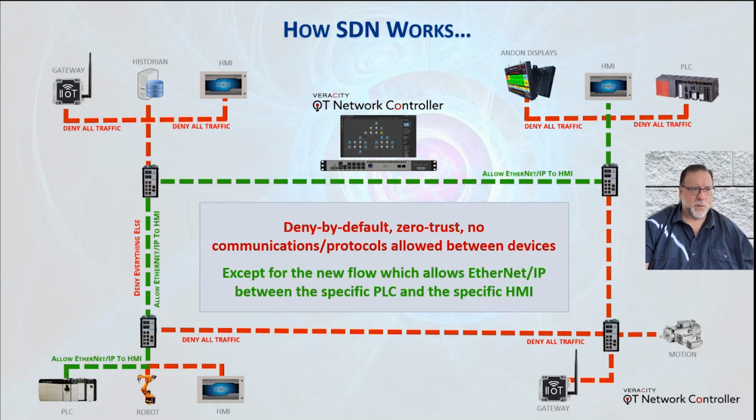SDN has been around for 12 years now, I would say. It's largely deployed. In fact, it's almost 100% of the cloud infrastructure. So companies like Google, Intel, Apple, anybody with a cloud, Microsoft heavily uses it. It's rolling through the enterprise space, so a lot of enterprise organizations are moving towards a software-defined networking architecture.